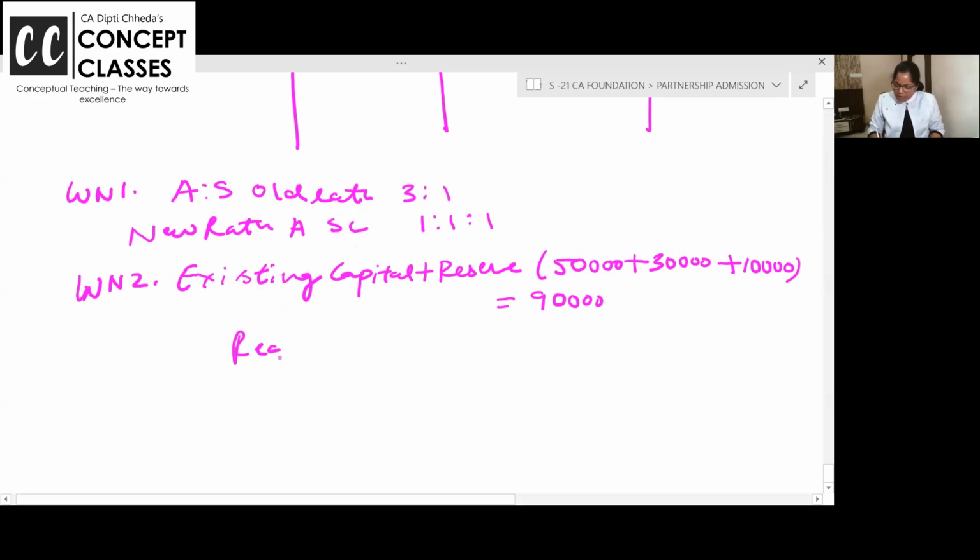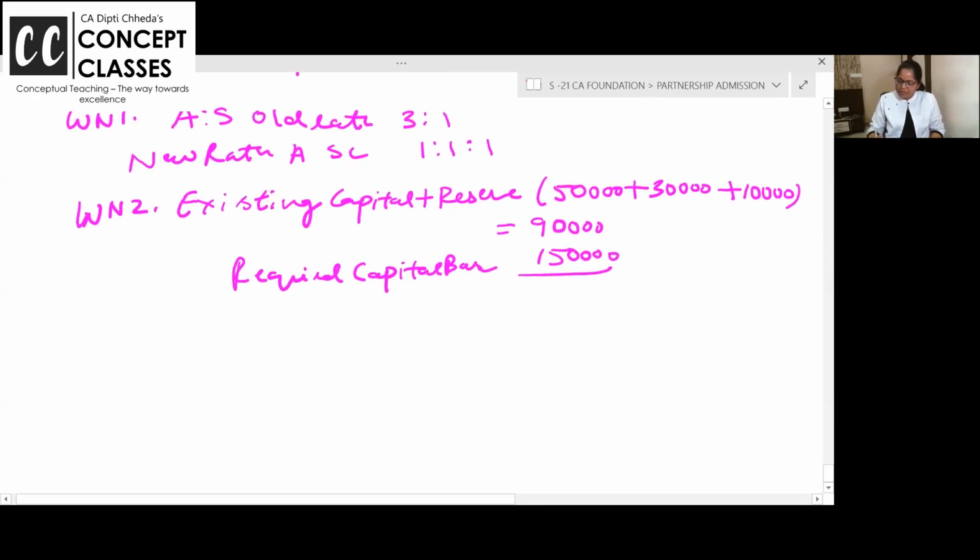Now, required capital base. They want to purchase plant and machinery. So they want the capital base to be 150. So Lalit, the new partner, is to get capital 60,000. You have to write all this. Existing capital is 90, required capital is 150. Lalit to get capital 60,000.